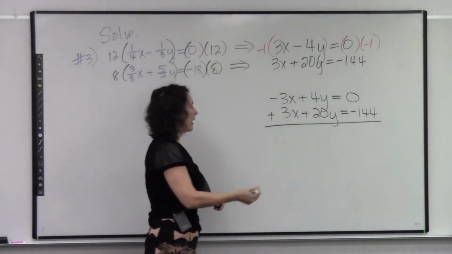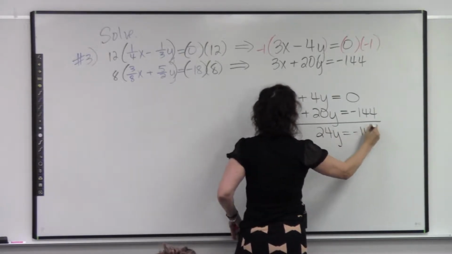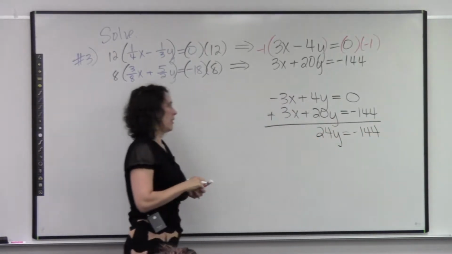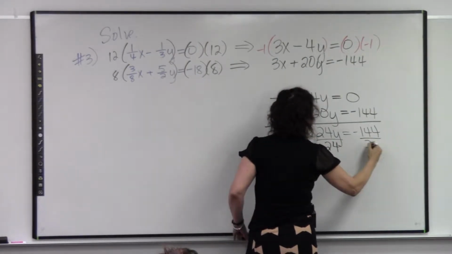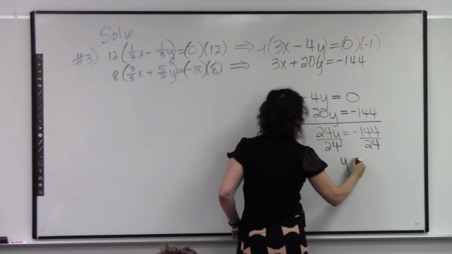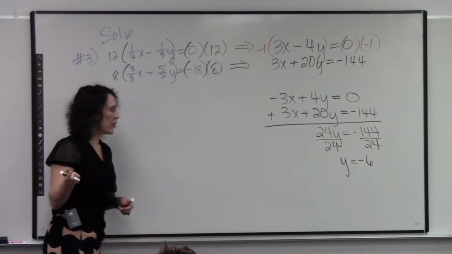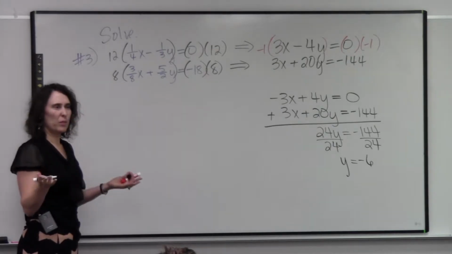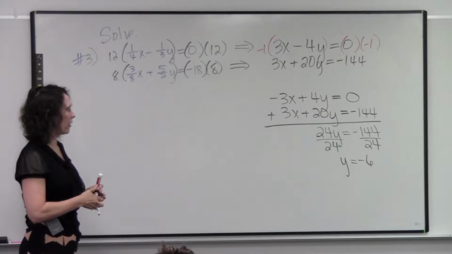We wanted to eliminate x's, so 24y is going to equal negative 144. All right, so let's divide by 24 because we're trying to solve for y. All right, we're going to end up with a negative 6. But we're not finished with the problem because remember what I said a few minutes ago, I want to complete the problem before I look for the letter that they're asking for.